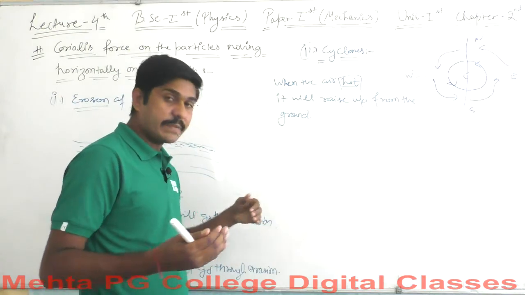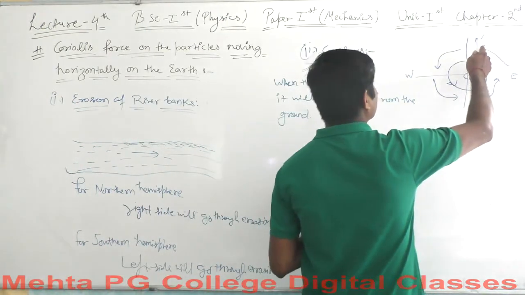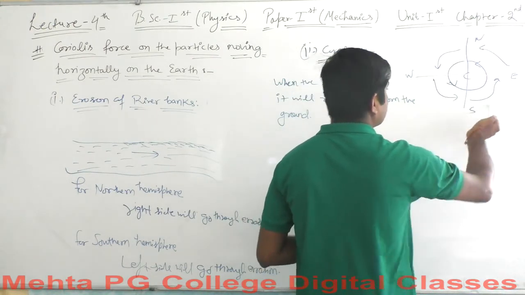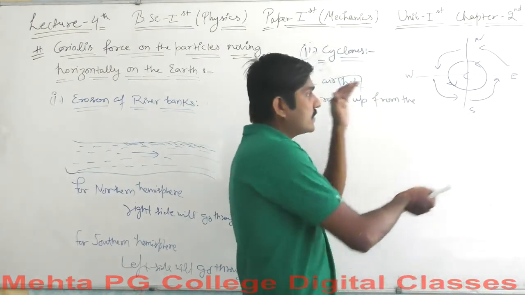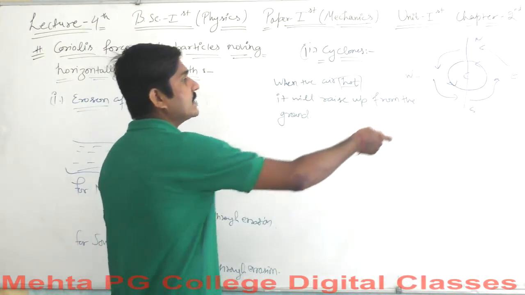For these light particles, this Coriolis force will act here from the northern side, it will flow to this side, and this to this, and just because of this turbulent flow, the air gets a rotational motion here.